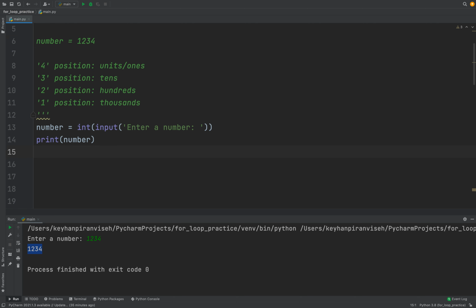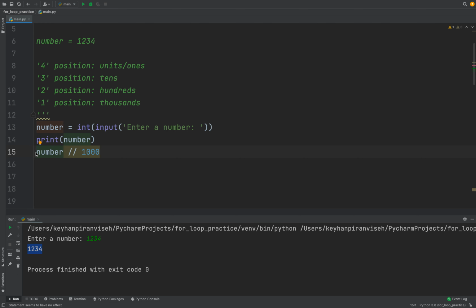So let's do it: number divided by 1000. But here you will get 1.234. We don't like decimals in this case. I need 1 only. To do this, I'm going to use floor division, which automatically rounds down, and it gives me just 1, right?